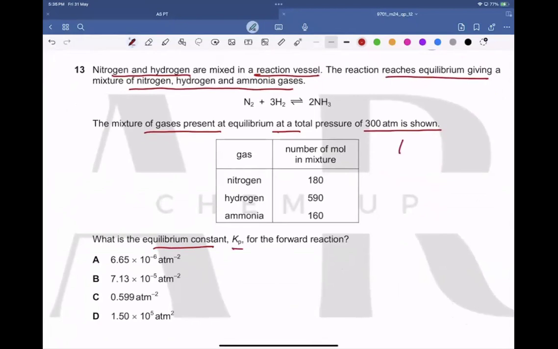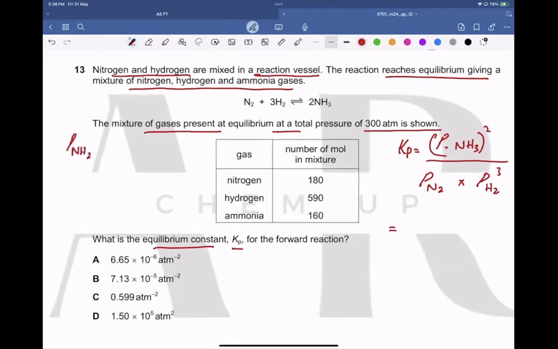Okay, so if you recall the Kp expression, Kp is the partial pressure of ammonia squared over the partial pressure of nitrogen multiplied by the partial pressure of hydrogen cubed. Partial pressure is equal to mole fraction times total pressure.